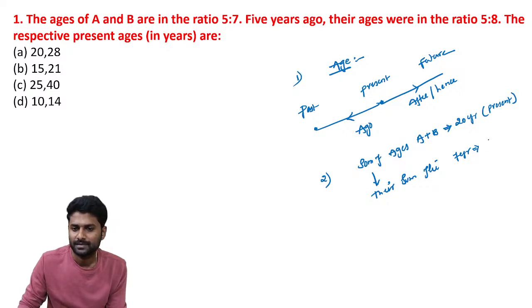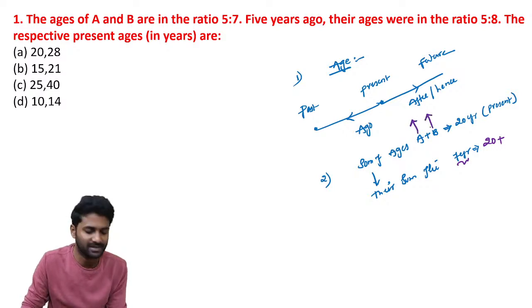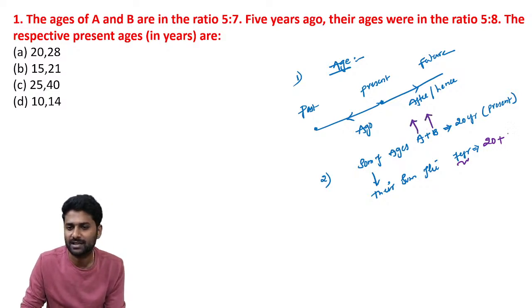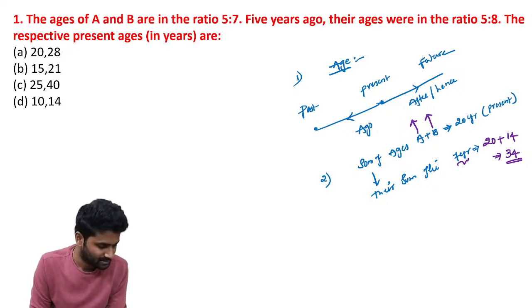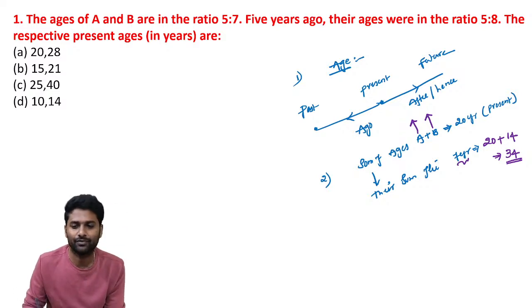Now see, present sum is 20. After 7 years means A increases their age by 7 years, B also increases by 7 years. Now we have to add 14 years, and the sum of their ages after 7 years is 34.